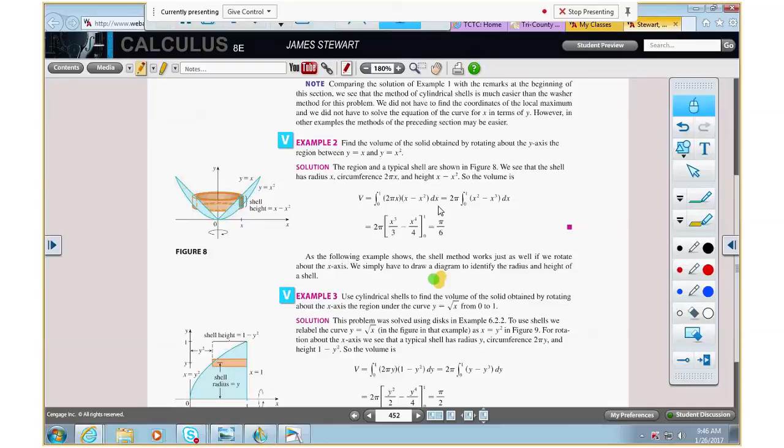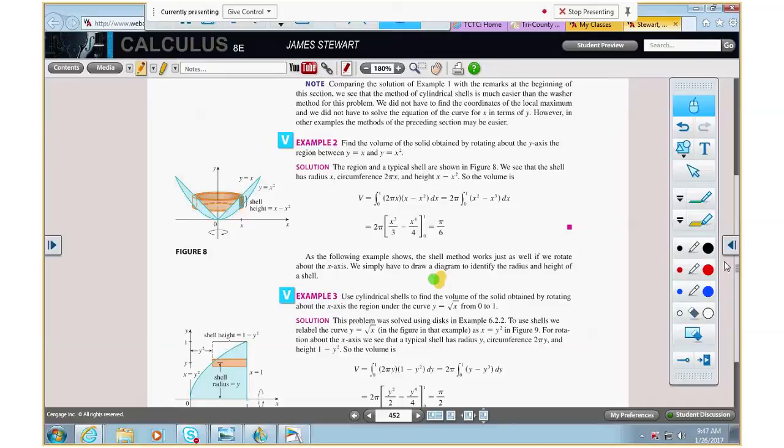You're going to have that up here. Then you have the radius. So you've got 2 pi x, and then the height is the area between two curves, x minus x squared.